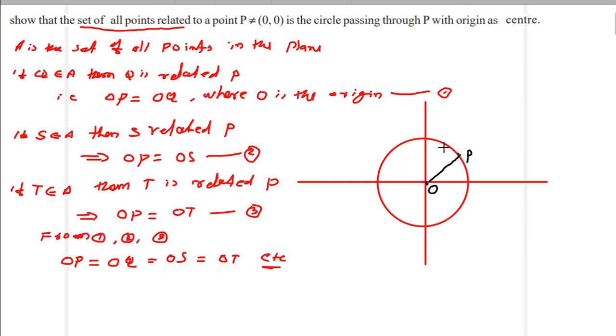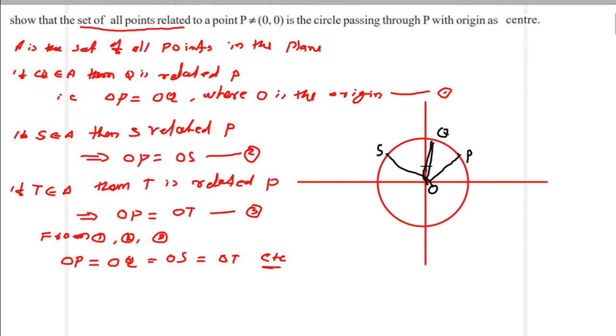Suppose you take any point Q that is related to P. That means OP equal to OQ, this distance. Then you can take another point S in the plane that is related to P. That is OP equal to OS, the same distance.